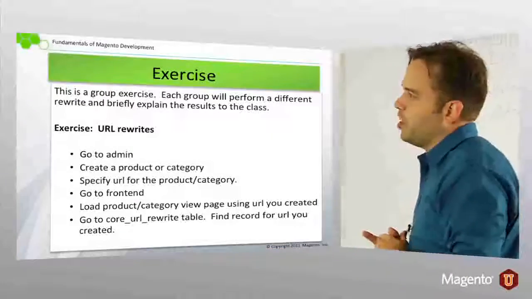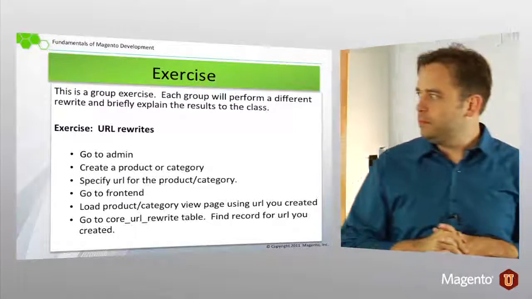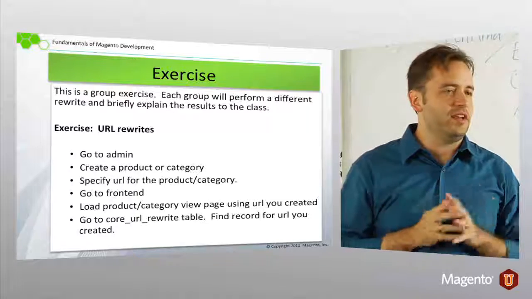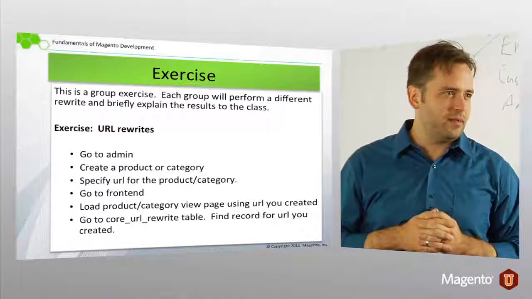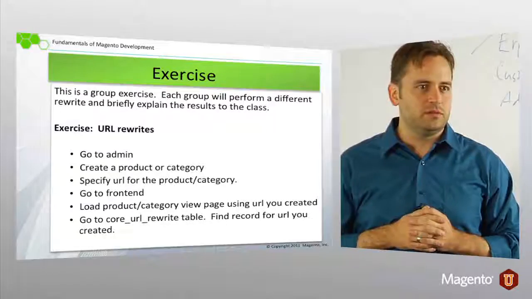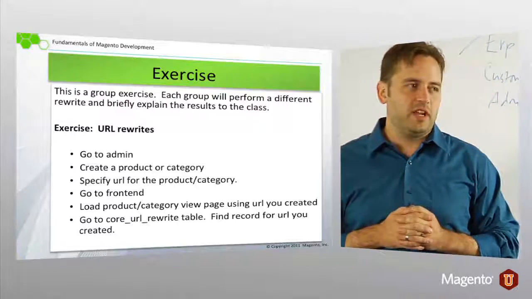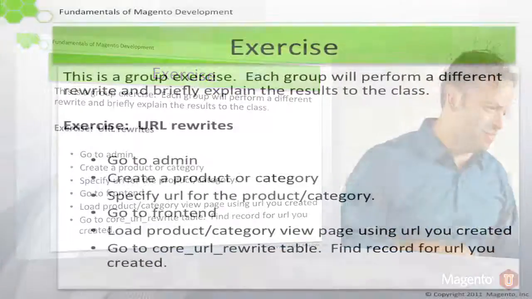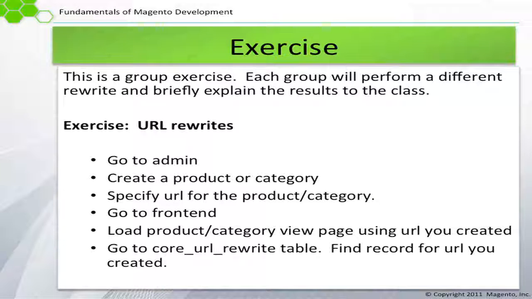So what you want to do is you want to create a product and then go find it in the front end after you create it, and about 80% of you will raise your hand and go, "Why isn't my product showing up?" So go ahead and create a product and assign it to a category, and then try and find it in the front end.